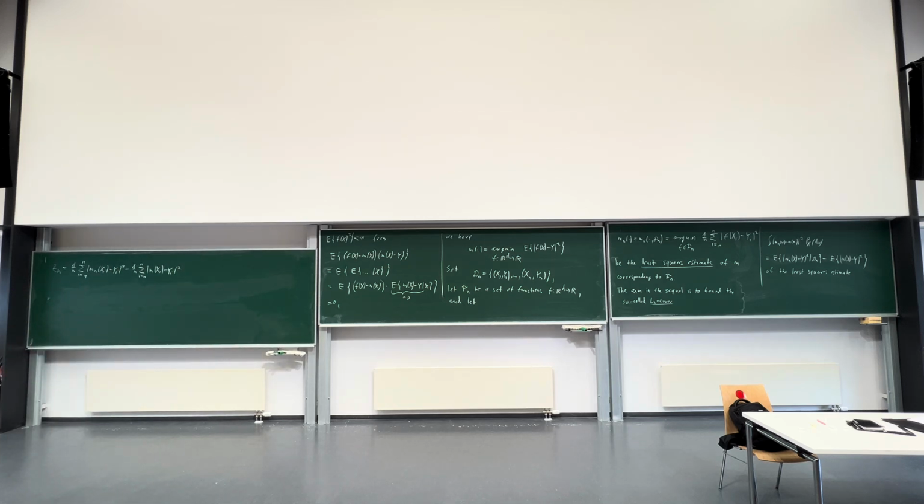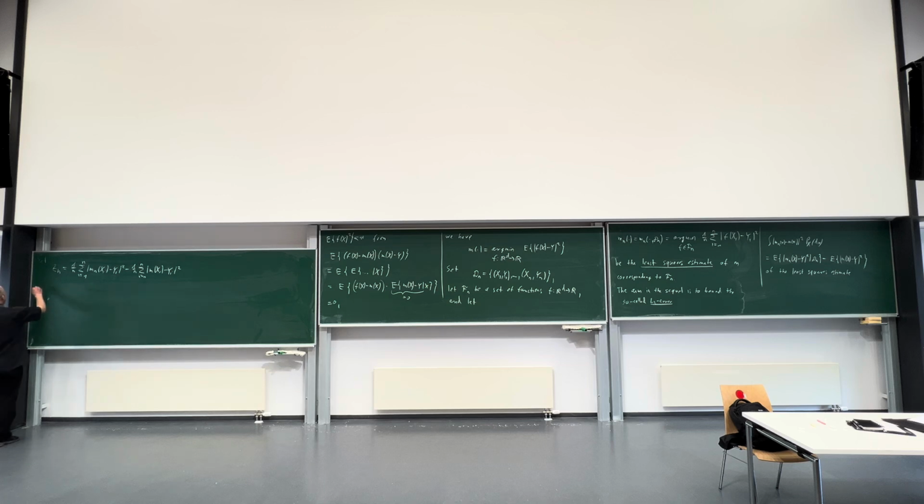By definition of the least squares estimate, you see that the empirical L2 risk of the least squares estimate is just the minimum of the empirical L2 risk over the whole function space.